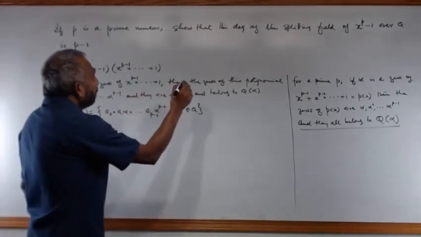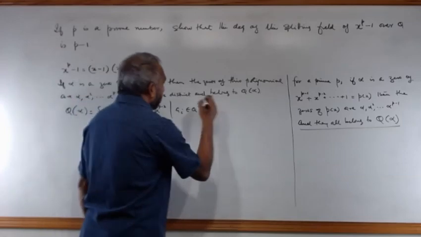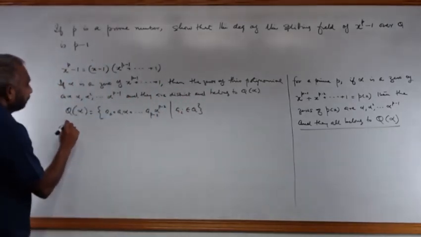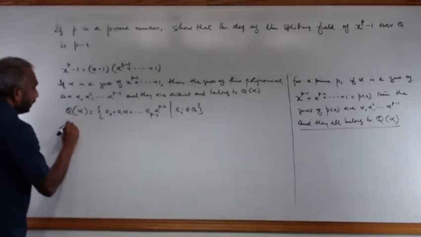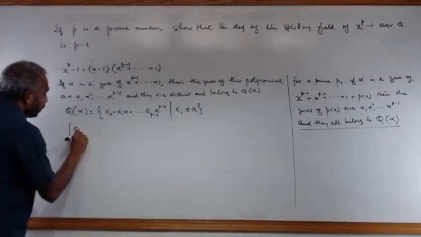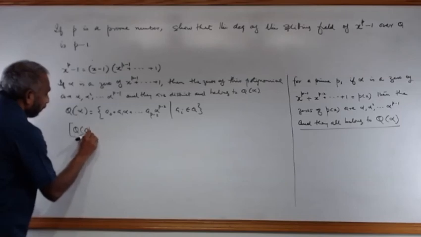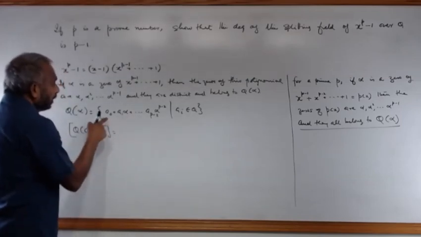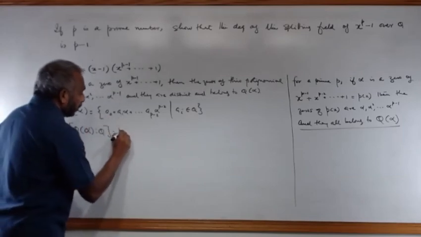By the way, p of x is an irreducible polynomial. So the degree of Q of alpha over Q is equal to the degree of this, which is p minus 1.